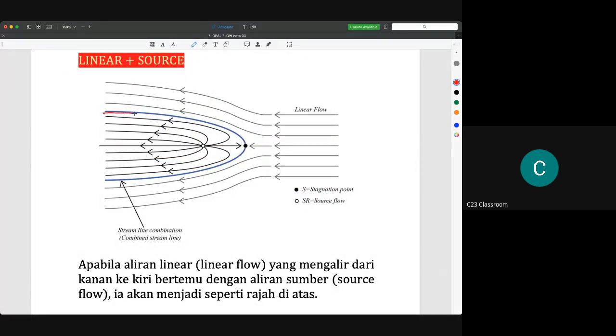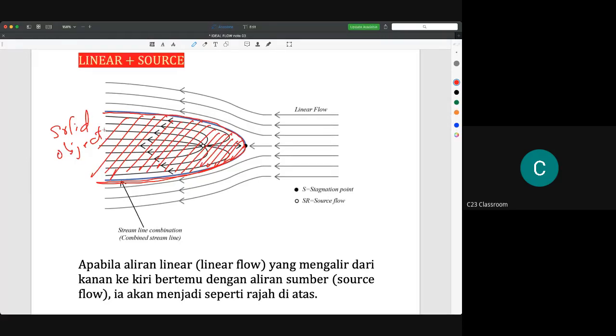sekiranya kita menggantikan kawasan ini dengan solid object. Okay, boleh faham if we replace this area with solid object, we will find that all the properties remain the same.